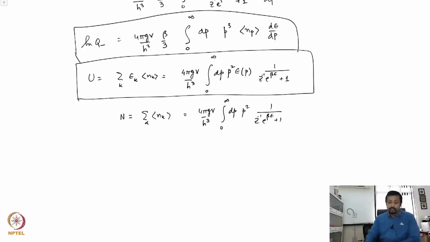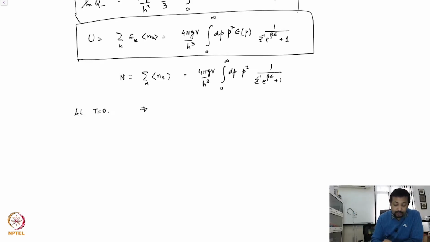Now we are looking at t equal to 0. So this implies that I have a Fermi sea, so all energy levels up to the Fermi energy are filled up, and corresponding to this Fermi energy I have a kf and therefore a momentum pf. So the idea is to figure out this momentum pf, which I can do from this relation.